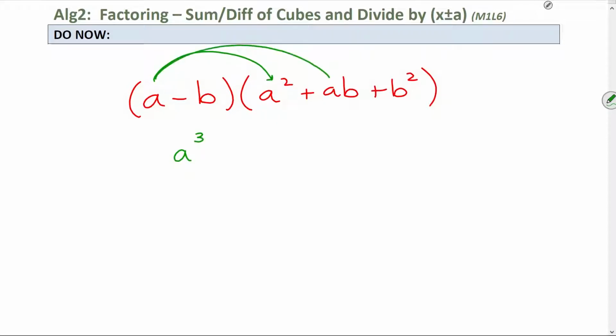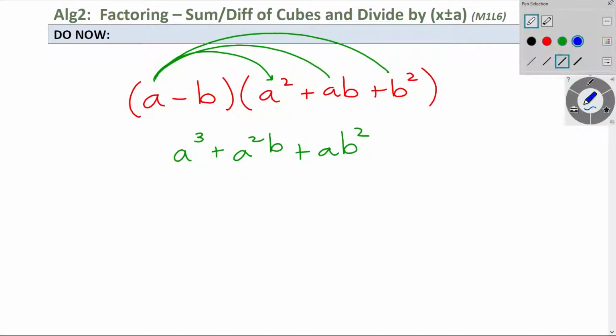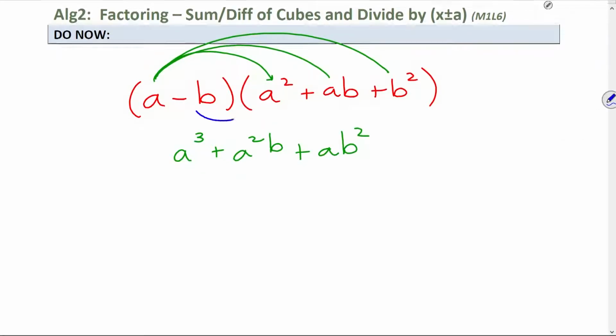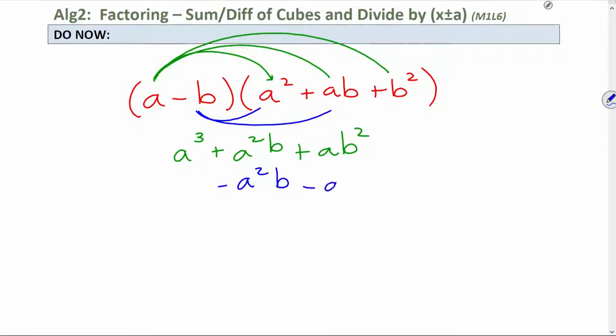A times positive ab gets plus a squared b, and a times b squared is plus ab squared. Then I multiply negative b times a squared, and I get minus a squared b. And then negative b times ab, I get minus ab squared, and negative b times b squared is minus b cubed.